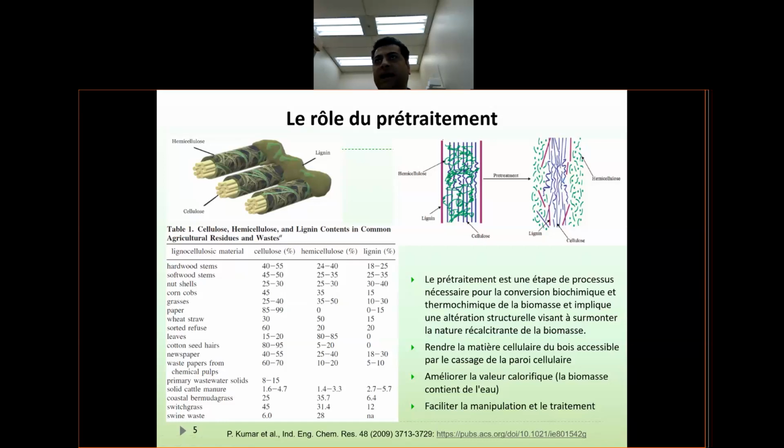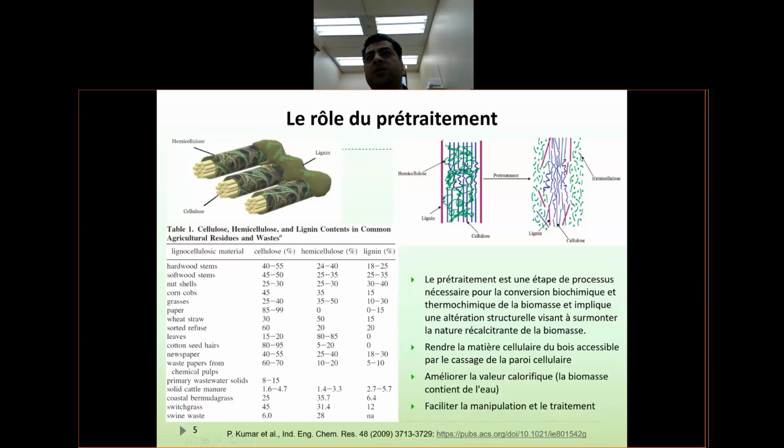Once you get access to these polymers, you can then send them to the next step downstream for conversion. As you see in this structure, the lignin is distorted. Hemicellulose is broken into smaller hemicellulose, and the crystallinity of cellulose is damaged. Most of the cellulose has become amorphous.